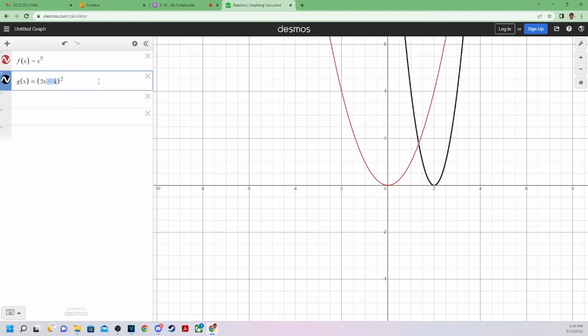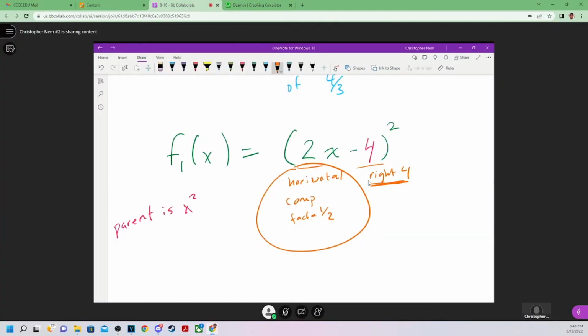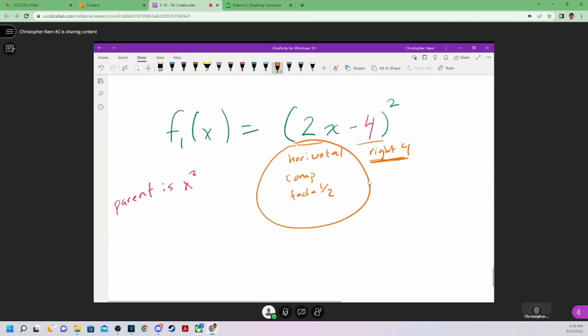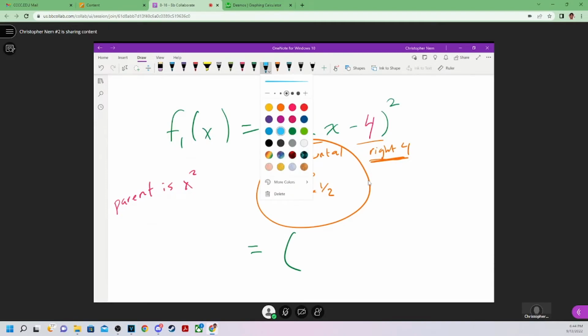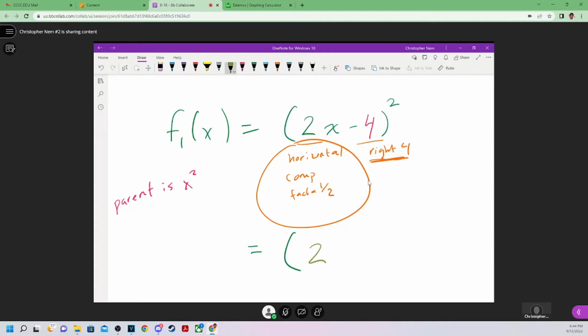It says minus 4. Turns out, when you're doing these horizontal compressions and stretches, you have to be very careful. You actually have to factor out your horizontal compression from every term inside. What do I mean by that? Well, this is exactly what I mean. You have to factor out a 2 from both terms. If I factor a 2 from this, it is x. Factor a 2 from that, it is minus 2, squared.